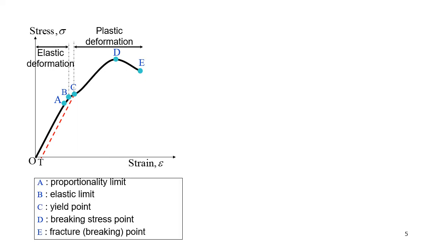Now let us discuss about graph of stress against strain. So we have point A, B, C, D, and E. And this is dotted line of point T to C. Okay, so from point O to A, it is elastic deformation, and then point C to point E is plastic deformation.